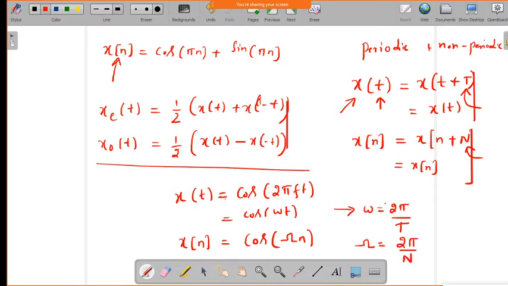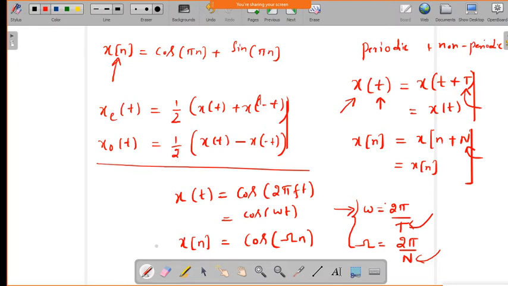So this is our continuous and discrete time case. In the sinusoidal signal, this is how we can define the angular frequencies as well as the fundamental periods. Now the special property here.